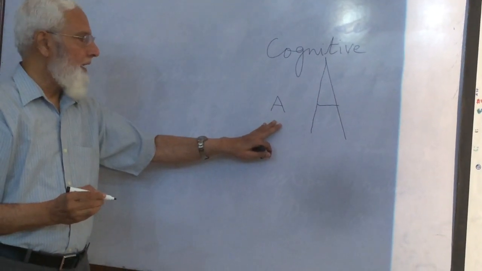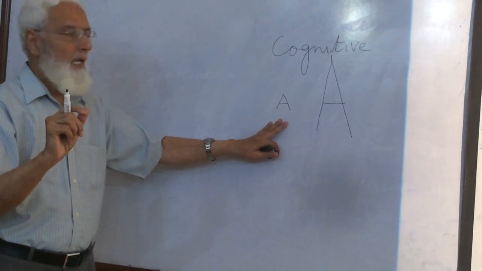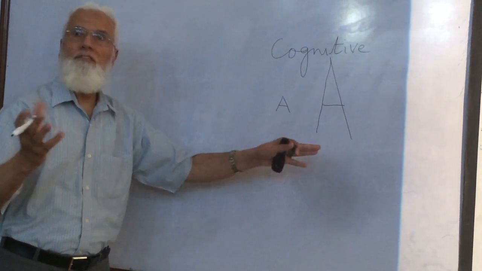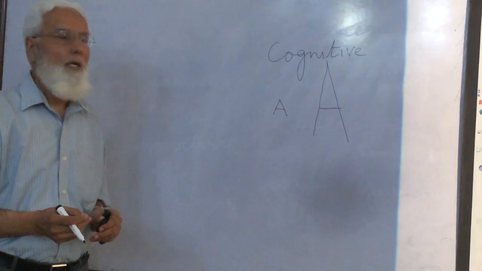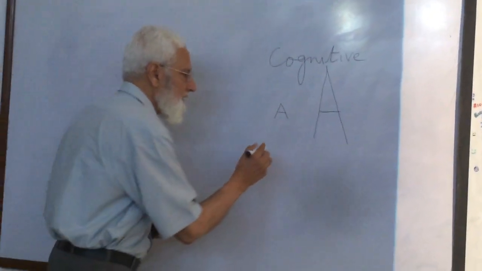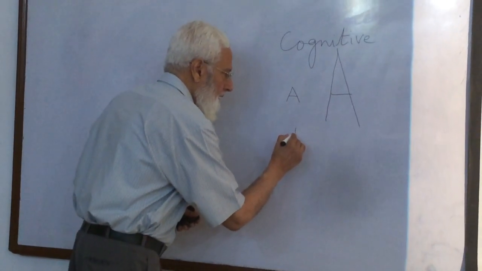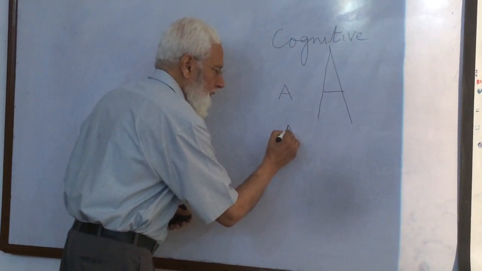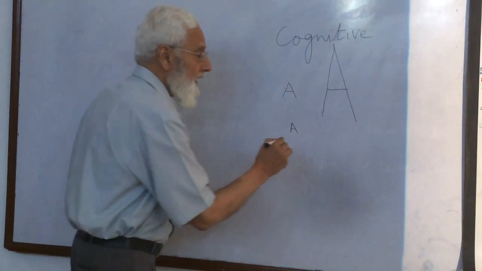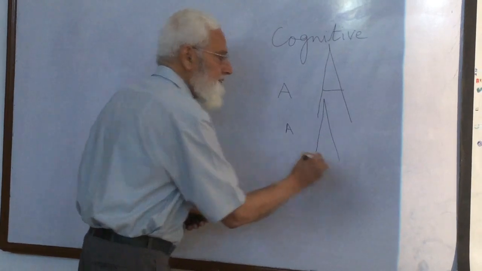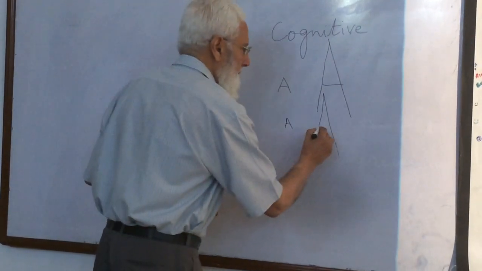He can write letter A of small size and can write letter A of large size. Now he can write letter A with a slow speed. He can write letter A rapidly, right?